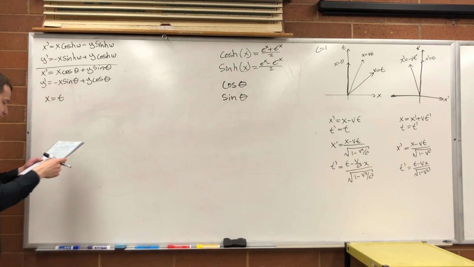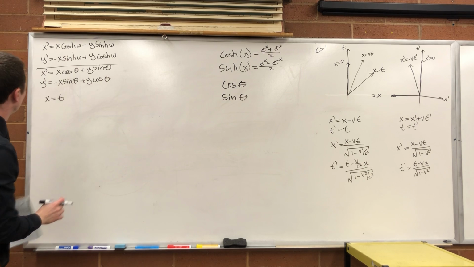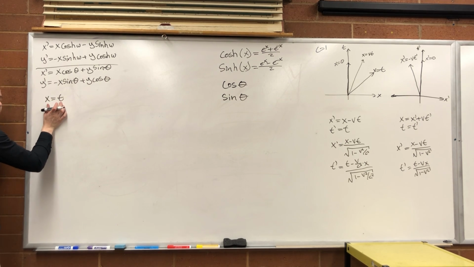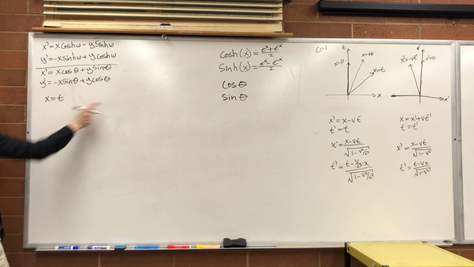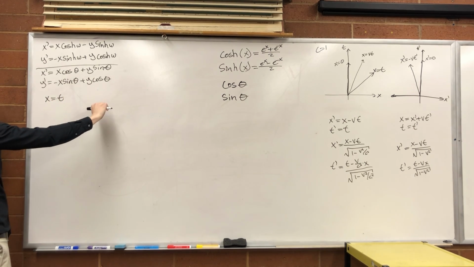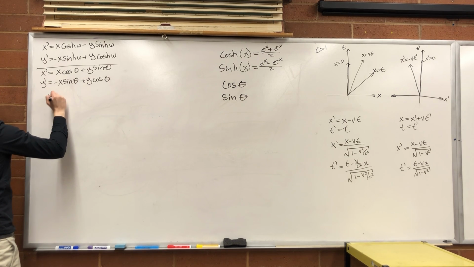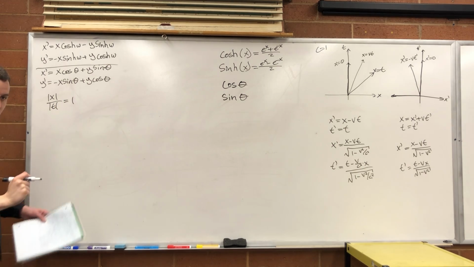But we want to leave that out. So x equals t is the equation of a light ray going forward. X equals minus t, or minus x equals t, is the equation for a photon traveling backwards. In either case, they both satisfy the absolute value of x divided by the absolute value of t is equal to 1.